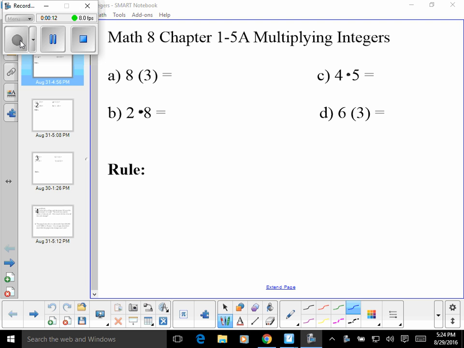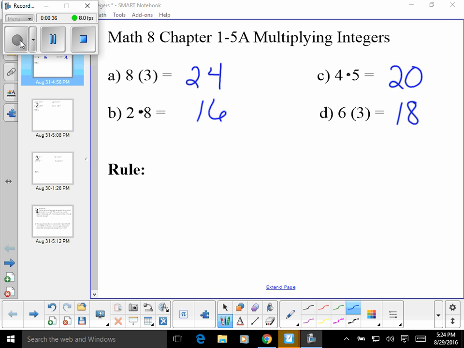This first group of integers looks very similar to the multiplication that you've been using ever since about 3rd grade. 8 times 3 is 24. 2 times 8 is 16. 4 times 5 is 20. And 6 times 3 is 18.